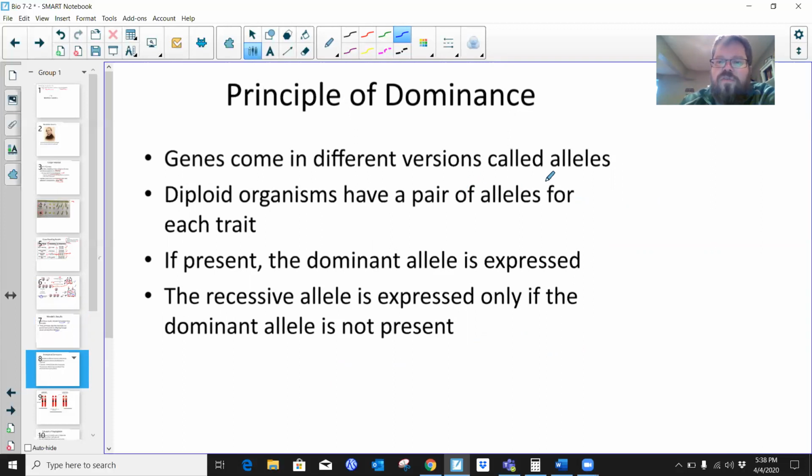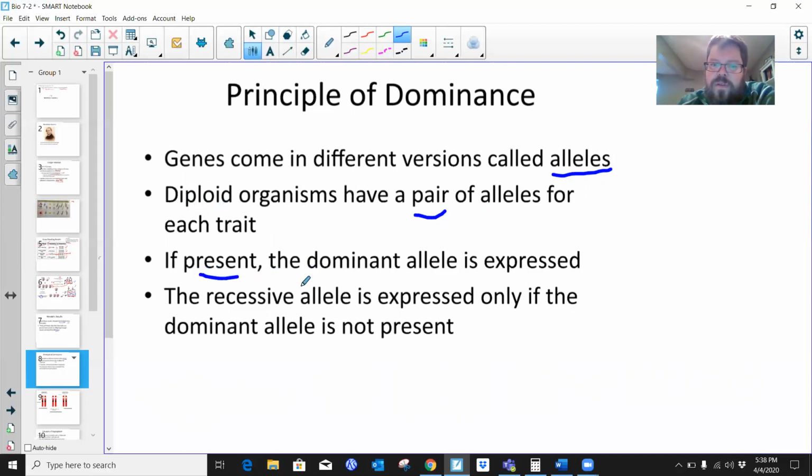Genes come in different versions that are called alleles. Okay. Diploid organisms, remember haploid versus diploid, you learned about that. Diploid organisms have a pair of alleles for each trait. Where does that pair come from? That pair comes from mom and dad. So you inherit an allele from one parent and an allele from the other parent.